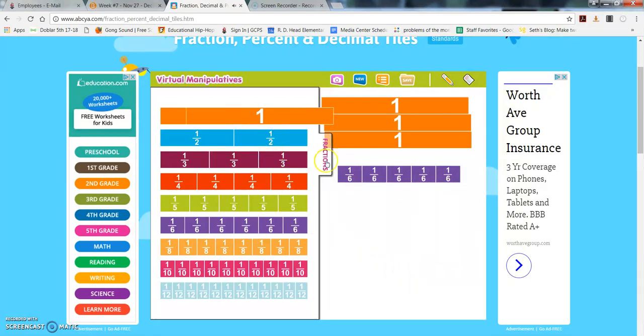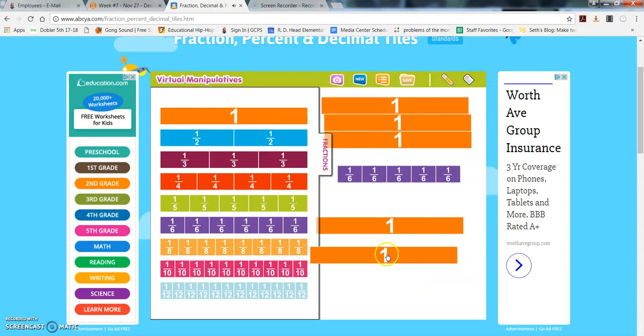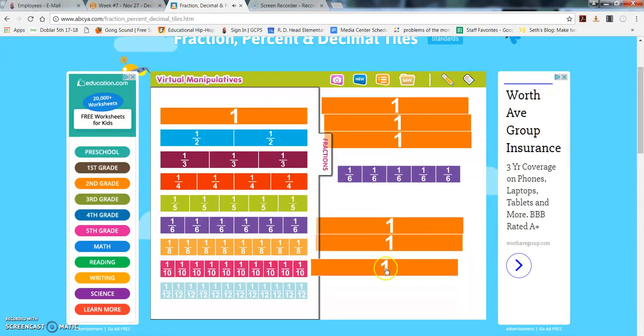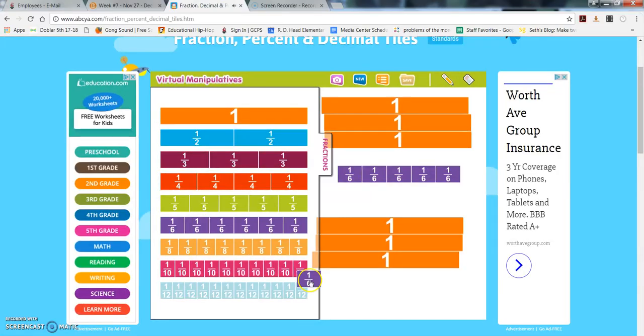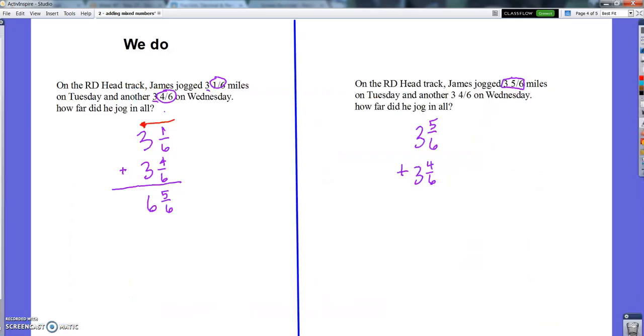And then the next day he did 3 and was it 4/6? 4/6. 1, 2, 3, 4. And so when I add together, I combine, I put together, there's almost a whole already here, so when I put one more, I've made a new whole. Now I've got 1, 2, 3, 4, 5, 6, 7 whole miles and 3/6 of a part mile.